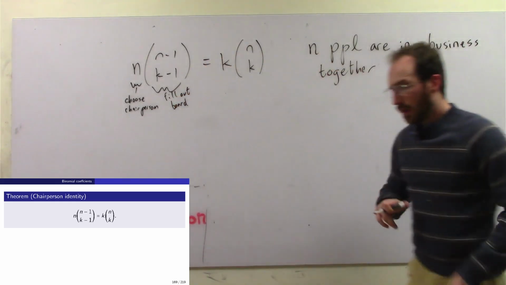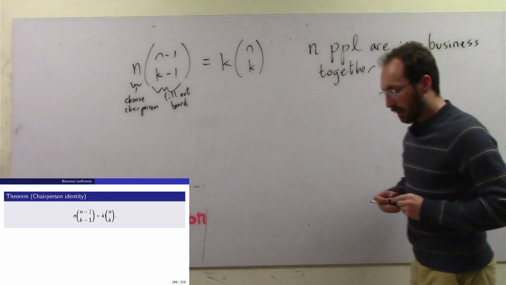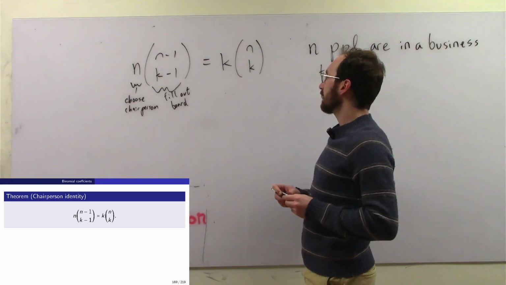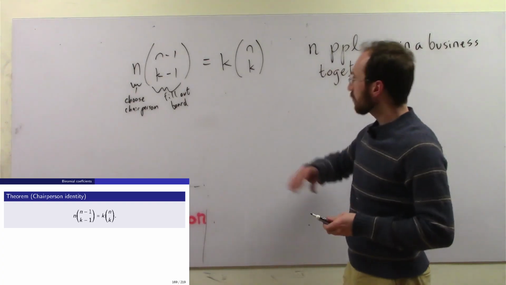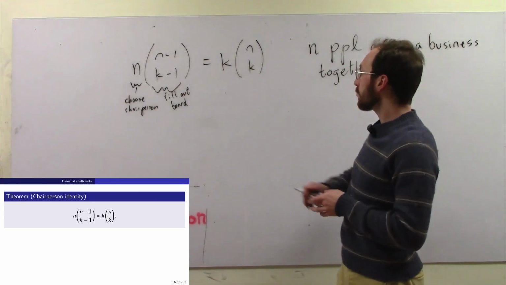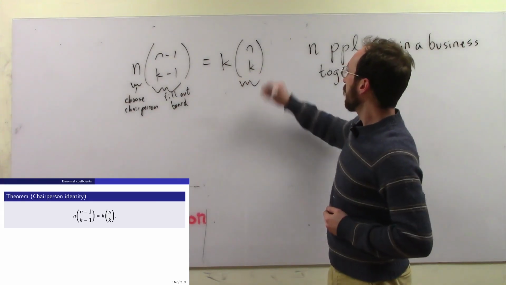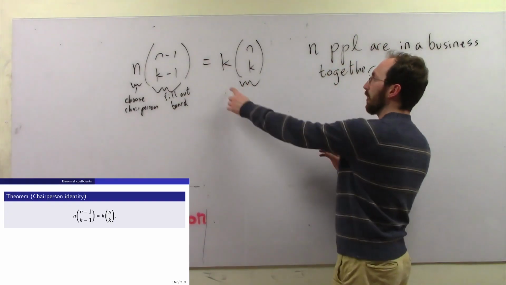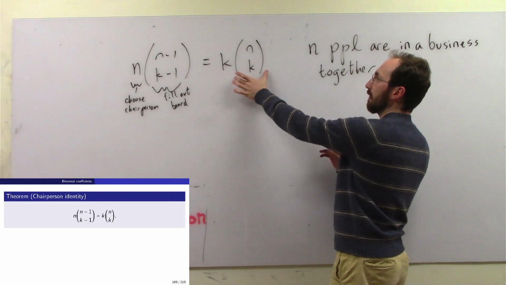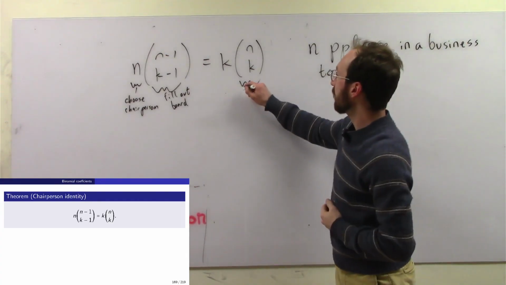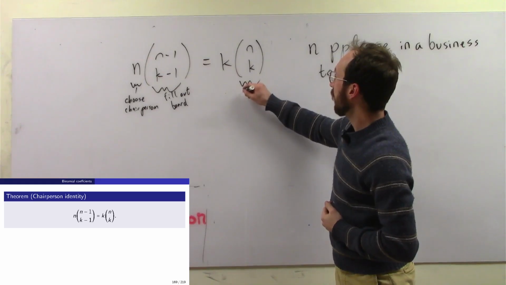Cool. Now, what else could we have done? We could have instead simply chosen our board. So we're going to do this in a different order. We're going to do the n choose k first. We had n people. We're going to choose k of them to be our board. So pick our board.